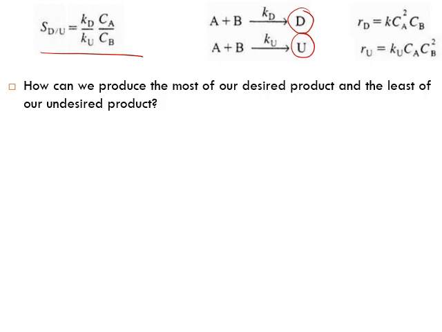Well, we can do this by having, at each second, at each instant, this value very high, correct? How can we have this value very high at each instant? Well, we can do this by keeping the concentration of Ca very high and the concentration of Cb very low. How do we do this?